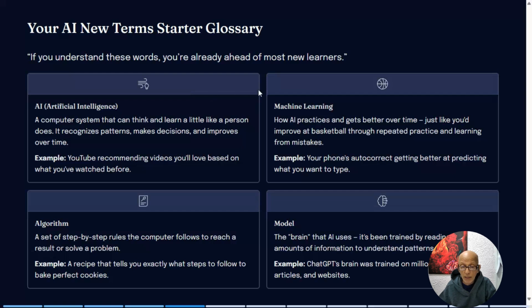Now let's look at machine learning over here. Machine learning, all right, now it's how AI practices and gets better over time. It's just like, you remember when you started roller skating? I remember you were unbalanced, or when you rode your first bike, you were unbalanced, and eventually you got better and better at it as you kept practicing, you kept learning, and eventually you learned how to balance, right?